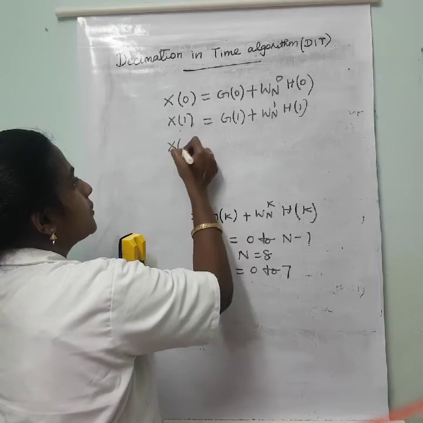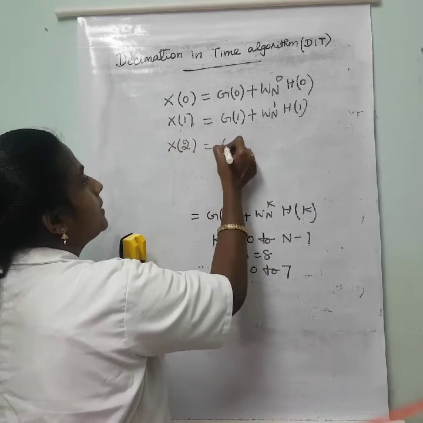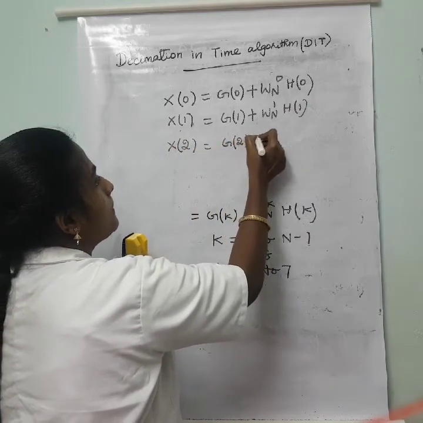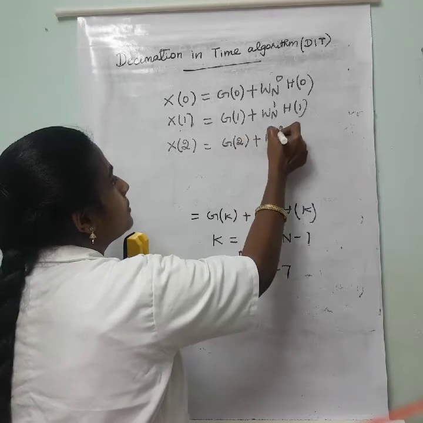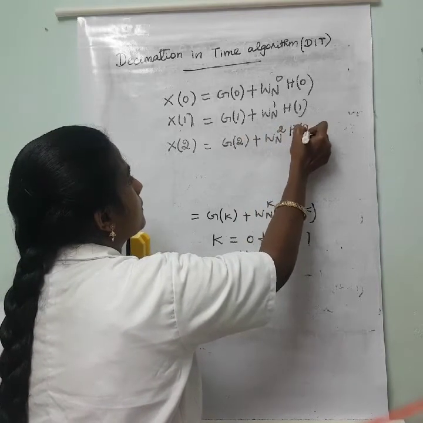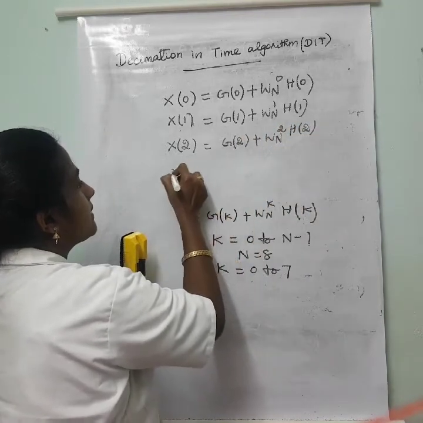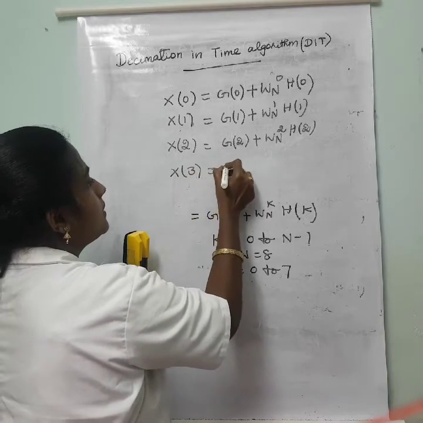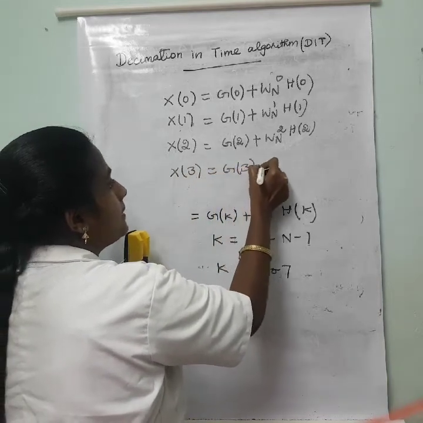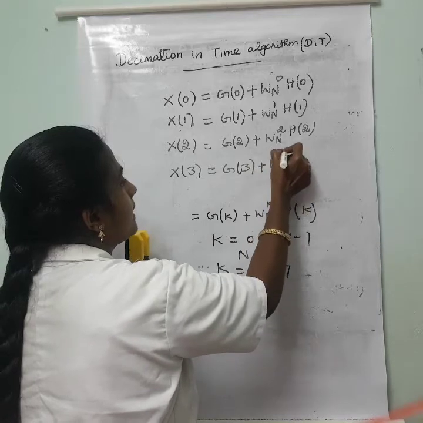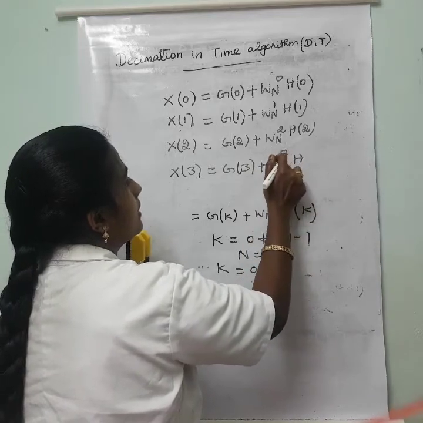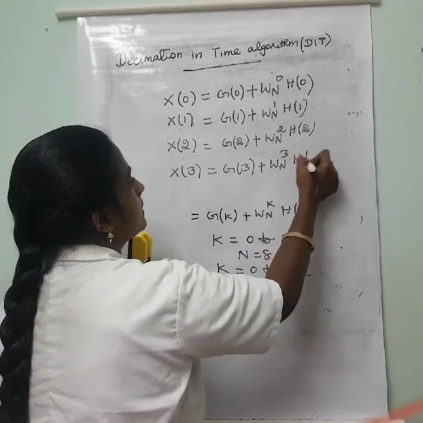When k is equal to 2, x of 2 is equal to g of 2 plus wn power 2 into h of 2. When k is equal to 3, x of 3 is equal to g of 3 plus wn power 3 into h of 3.